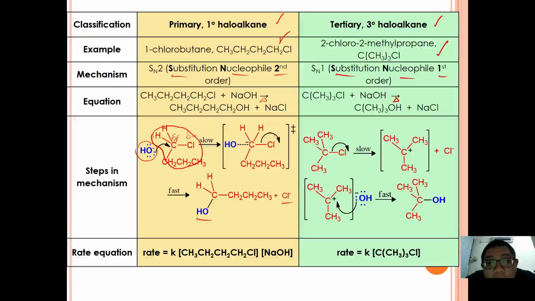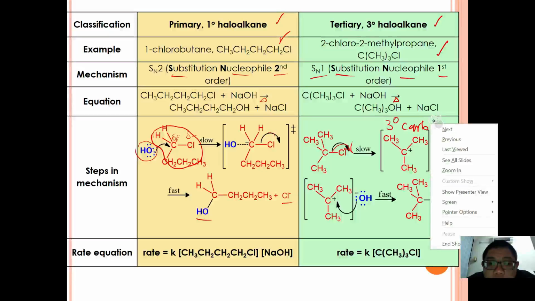Now compared to a tertiary haloalkane, which undergoes the SN1 mechanism, unlike SN2, in SN1 the C-Cl bond is first broken via heterolytic fission. Heterolytic fission is the slow step of the reaction, which enables the carbon to form a tertiary carbocation.